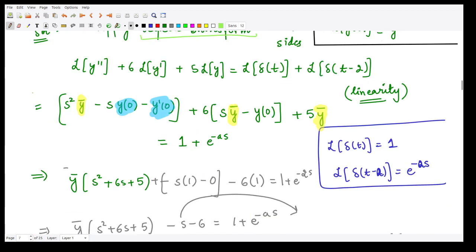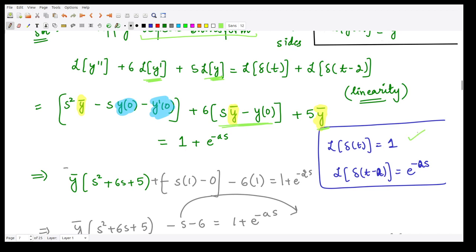so that we will obtain the Laplace transform of y double dash as s square y bar minus s y of 0 minus y dash 0, and instead of the Laplace transform of y dash, its value would be this. Because we have assumed the Laplace transform of y is equal to y bar, this is equal to this. Moreover, the Laplace transform of the Dirac delta function delta of t is equal to 1.